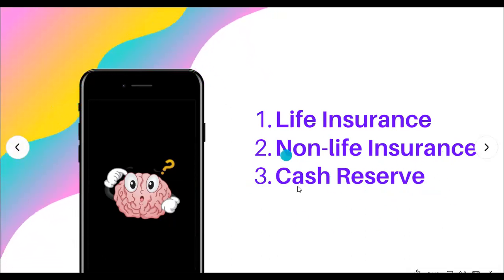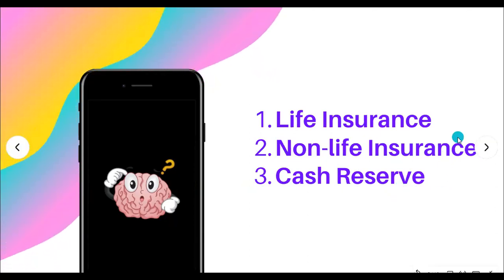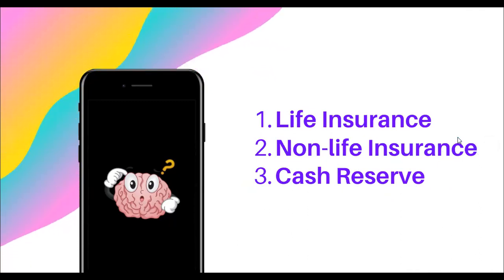So if you estimate that you spend 15,000 every month for your sustenance or your family's, you should have 15,000 times 6 as your cash reserve.